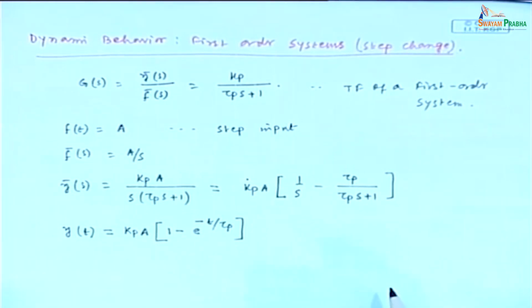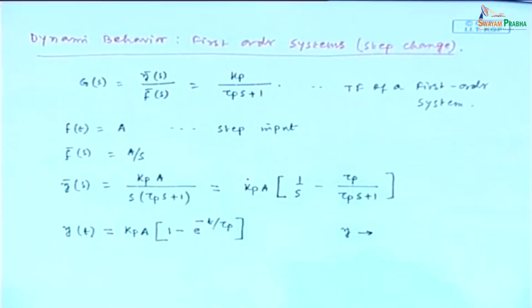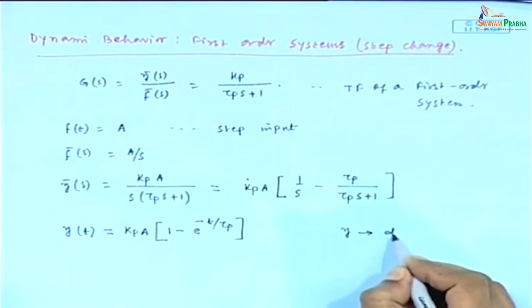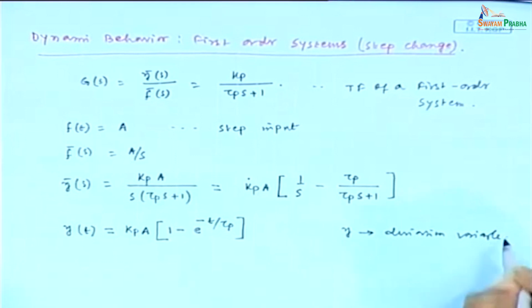This is the process output of a first order system subjected to step input in time domain. Now, here y is the deviation variable, fine.